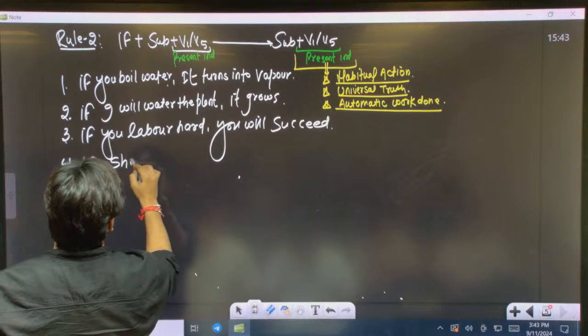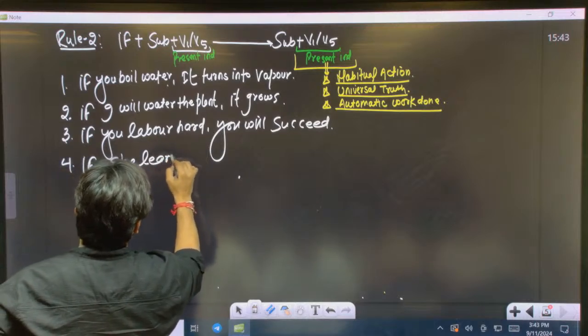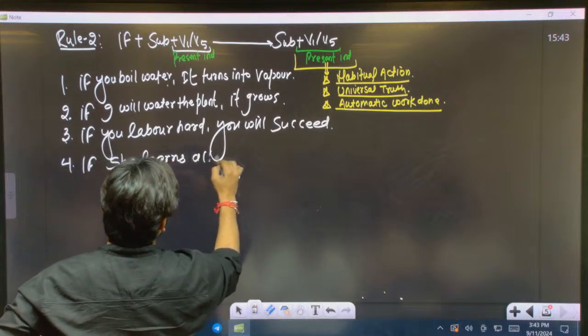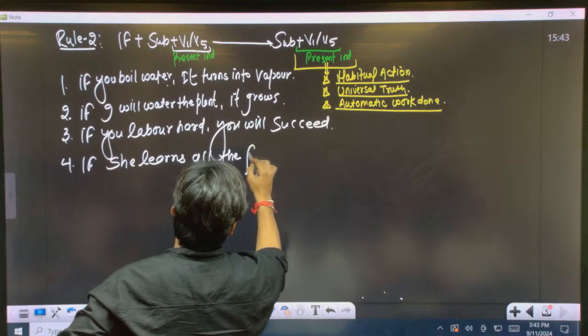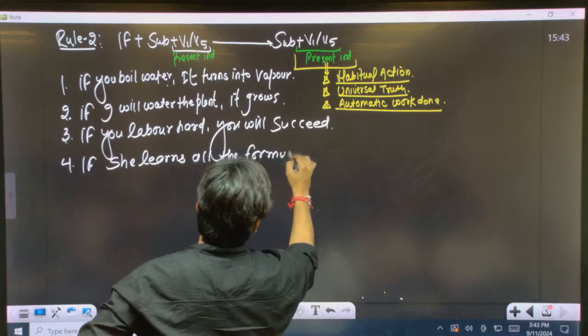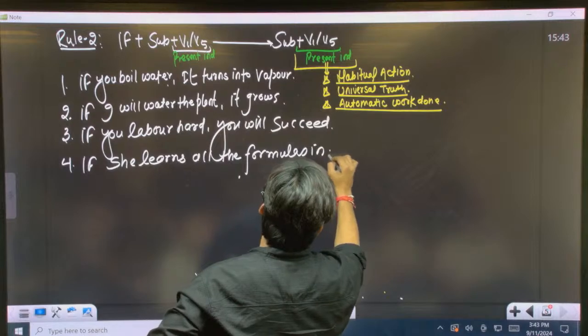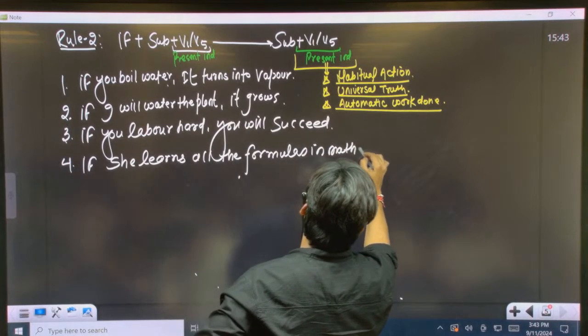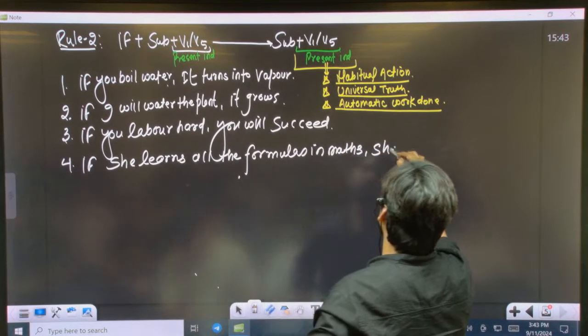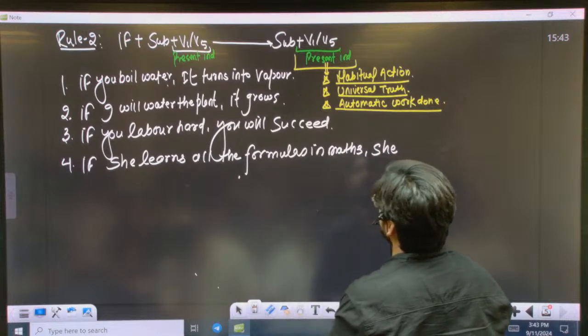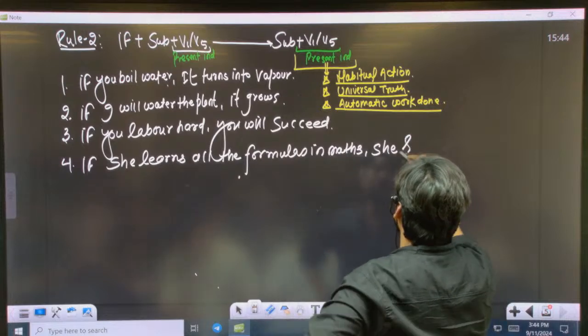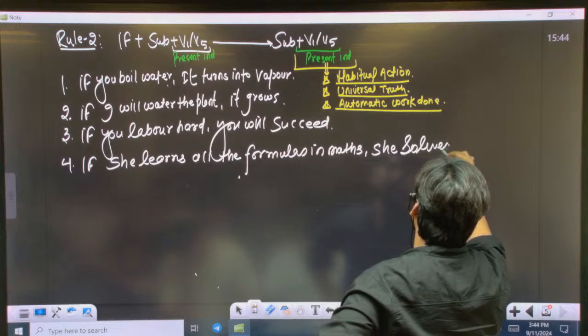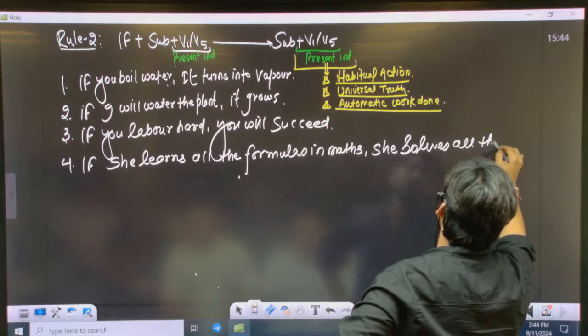Question number 4. If she learns all the formulas in maths, she solves all the questions.